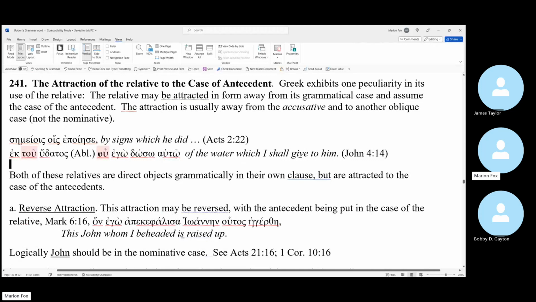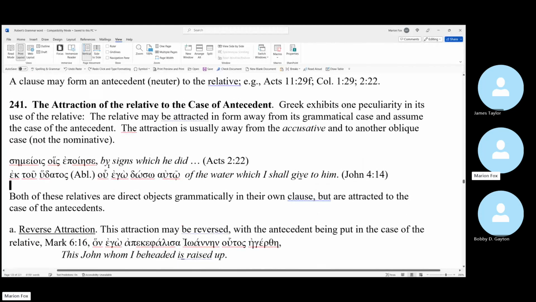So right here, this is genitive, ablative, and I know it's ablative because ek only takes the ablative. That's why we know it's ablative. So this is attracted to the gender, and it's got the gender and number the same, but in this case it also has the same case. This is ablative, and this is ablative. Okay, that's John 4:14. So those are some more examples, I believe.